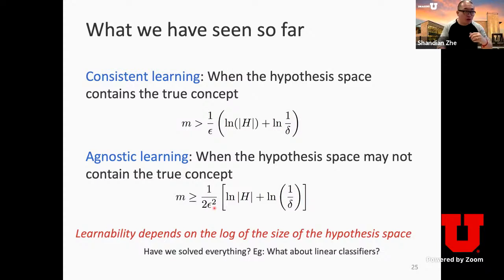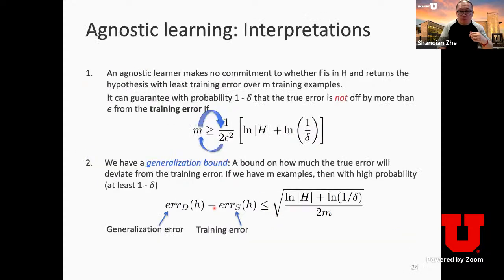And of course, we can show something by just manipulating this sample complexity inequality. We move epsilon to the left-hand side, move m to the right-hand side, and take the square root on the right-hand side. We actually obtain a so-called generalization error bound.